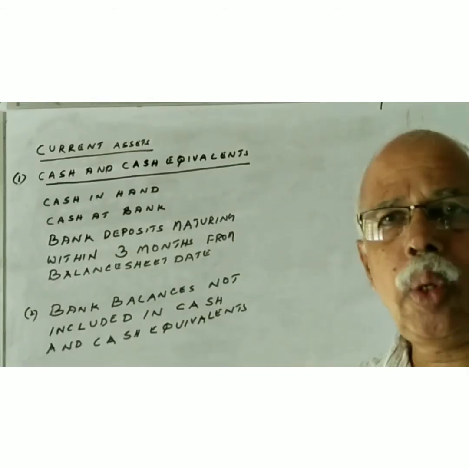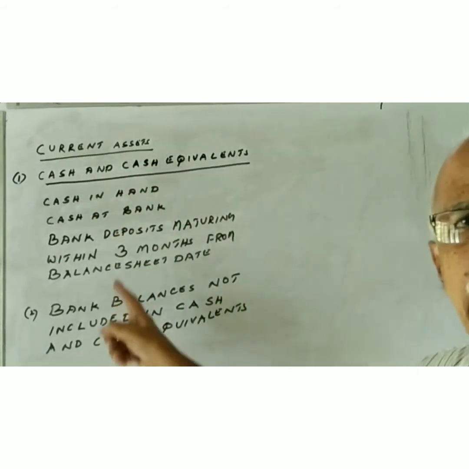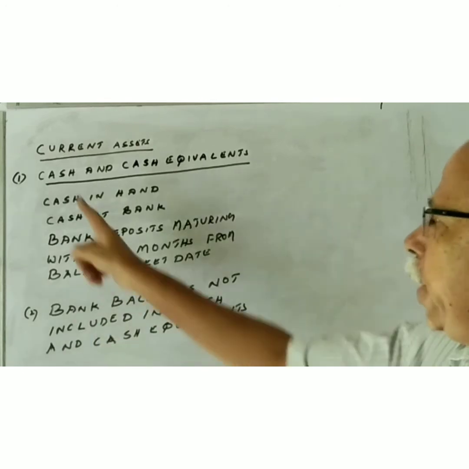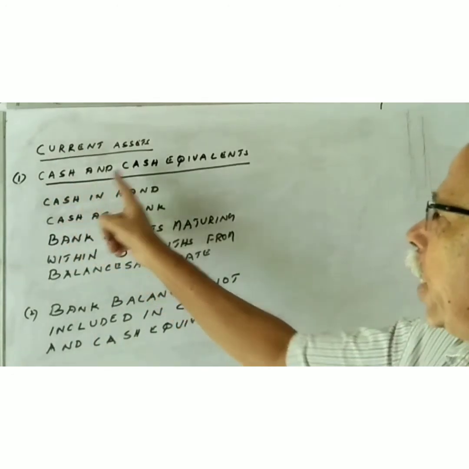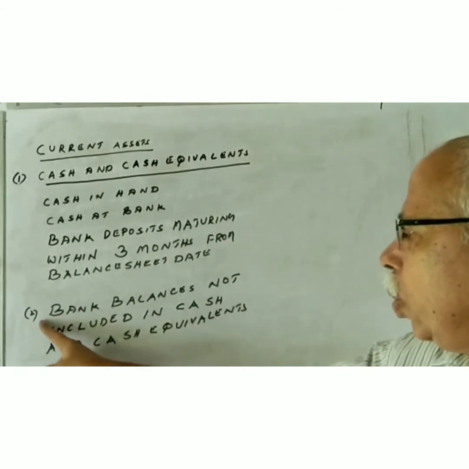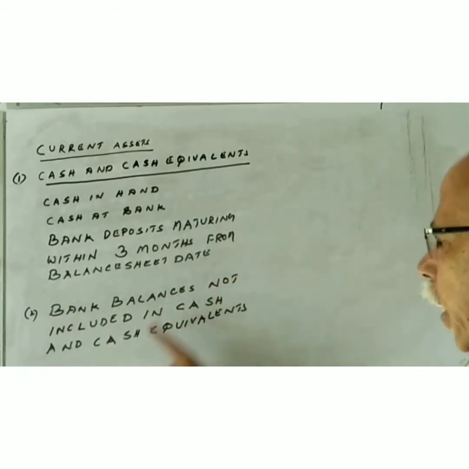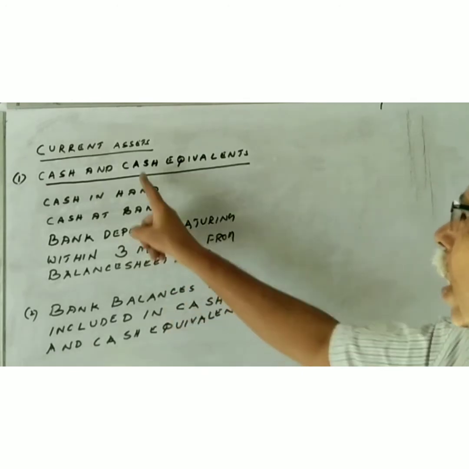We will now go straight to the last 2 items under current assets. Item number 1 is cash and cash equivalents. Item number 2 is bank balances not included in cash and cash equivalents.